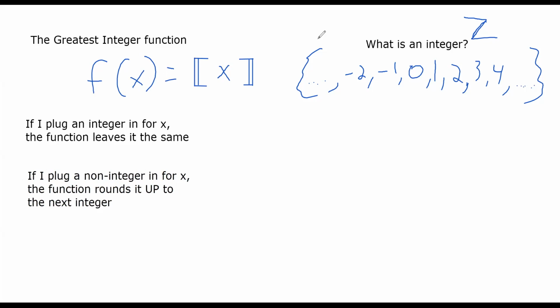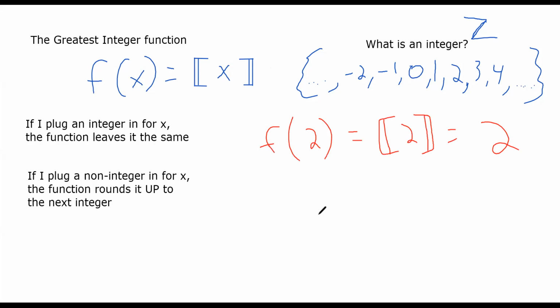So real quick, let's do some function definitions. If f of x is the greatest integer function, then f of 2, well, I plug a 2 in to the greatest integer function. And like I promised, it leaves numbers that are already integers alone. It doesn't try to round 2 up to 3.